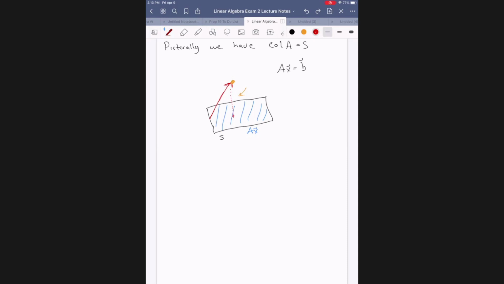Perfect. So now we have the idea in picture. The next question is, what is this vector right here, the one pointing to the point right below the red arrow, which I should probably call B?